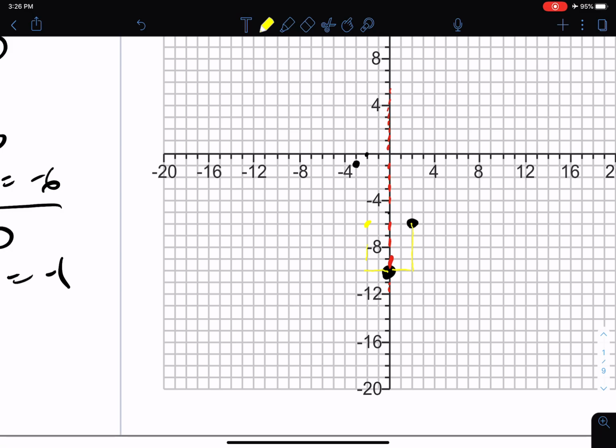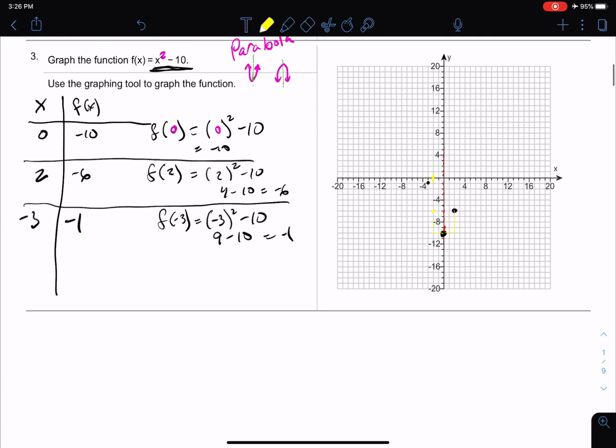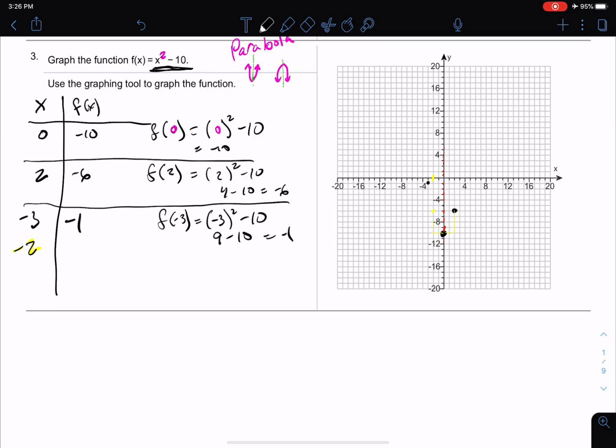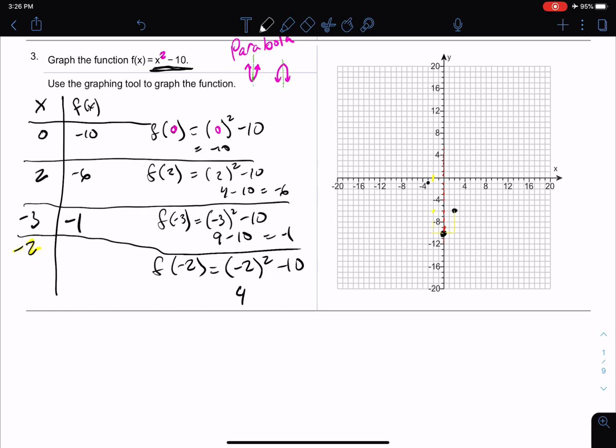So how about if we put in this point right here, which is negative 2. Let's try negative 2. Use a color you can see. Okay, so this is f of negative 2. So we replace the x with negative 2 squared minus 10. Negative 2 times negative 2 is positive 4. So we have to have this in parentheses. And we get 4 minus 10 gives us a negative 6.